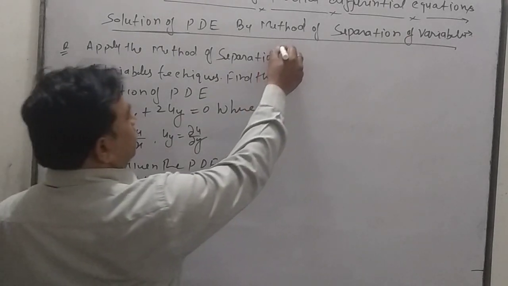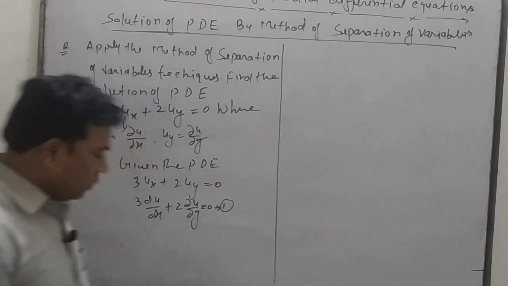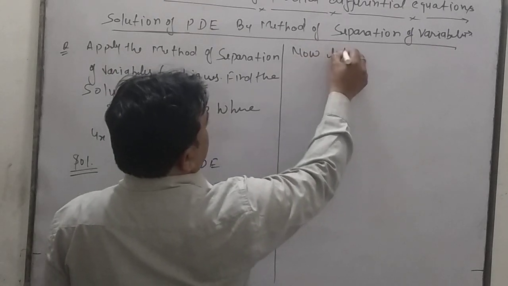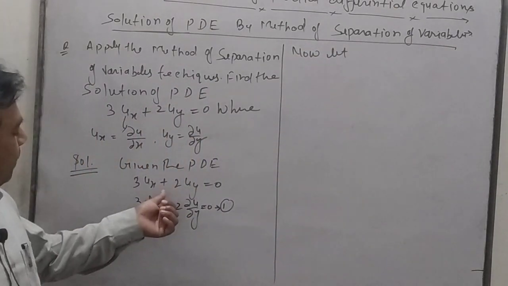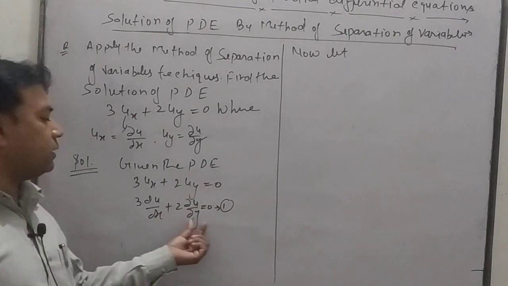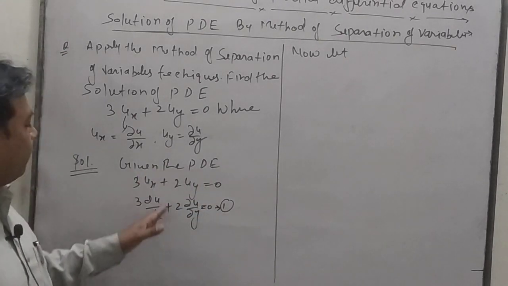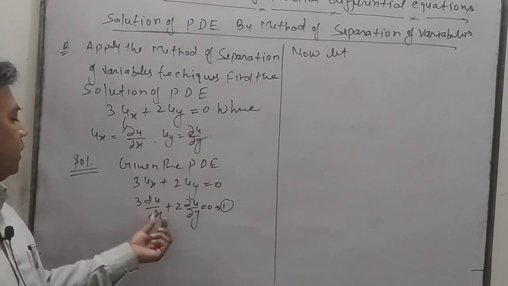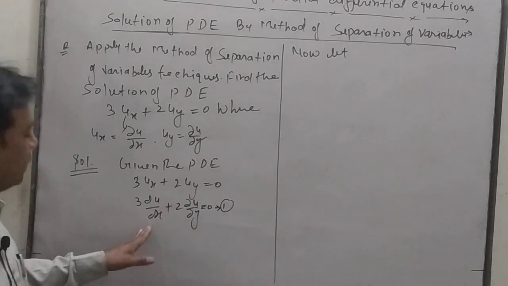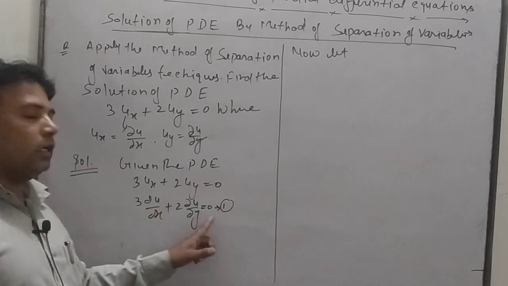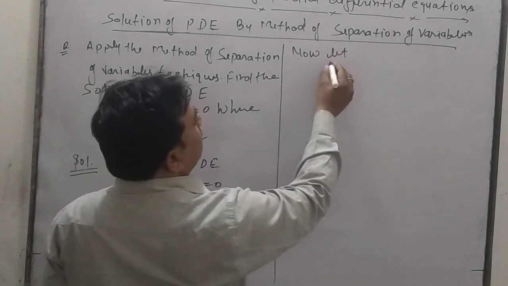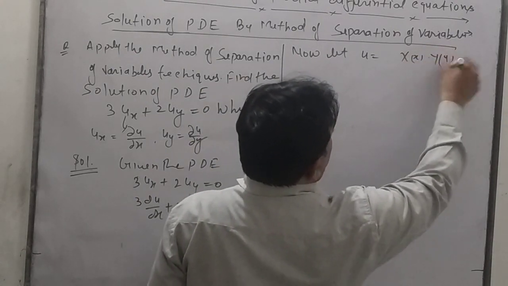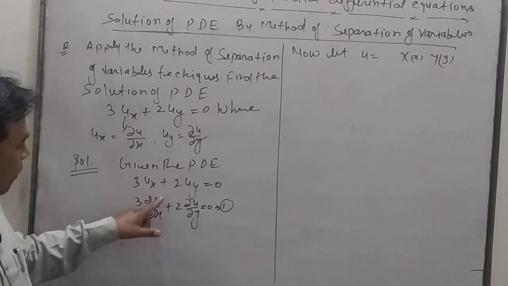Now the solution method for this question. The dependent variable u depends upon x and y, so we let the value of u in terms of x and y. Here, for partial differentiation, u depends upon x and y.